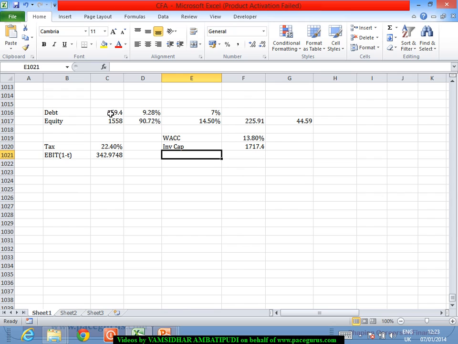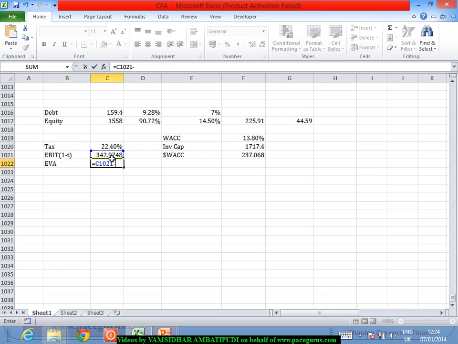And the total invested capital is coming out to the summation of debt capital plus equity capital. So from here I can get my dollar WACC, which is nothing but the invested capital times the weighted average cost of capital, so 237. The difference that we are getting is what we call EVA: EBIT into 1 minus T minus the dollar WACC, giving me 105 million.